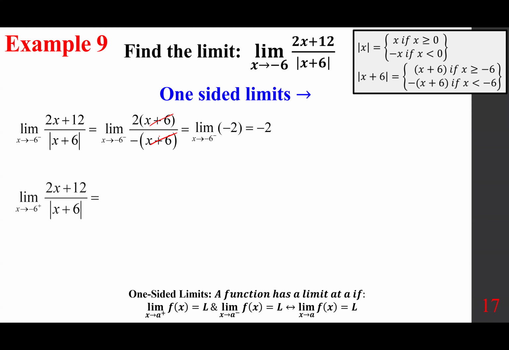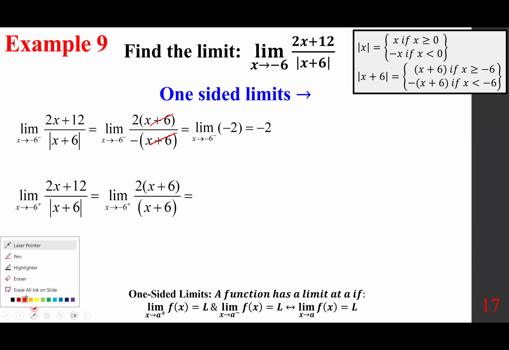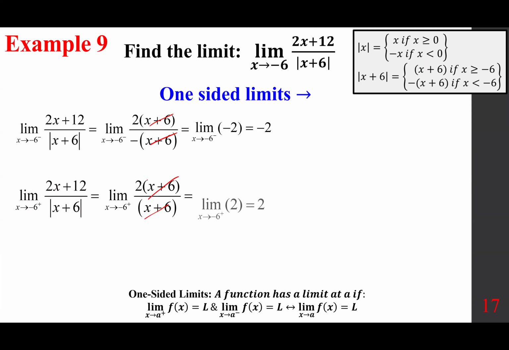If we go with the right side, in other words, taking the limit of (2x plus 12) over the absolute value of (x plus 6) as x approaches -6 from the right, again, the top, you take the 2 out. The bottom, you just drop the absolute value. According to this, it becomes x plus 6. They cancel each other, and you get 2.